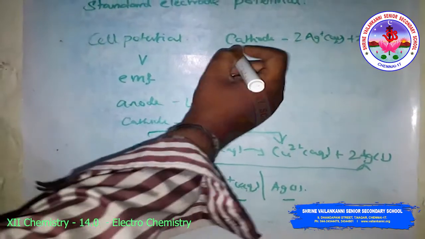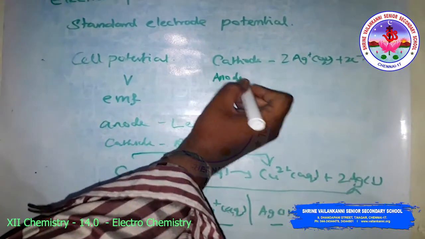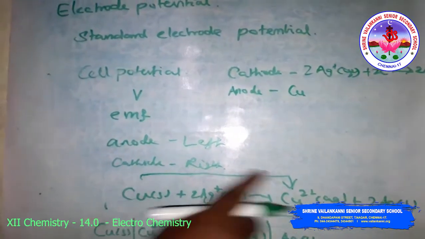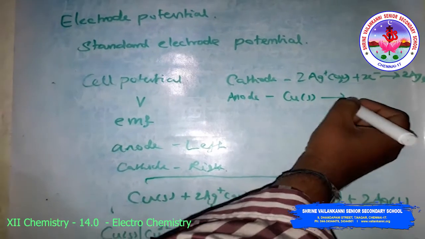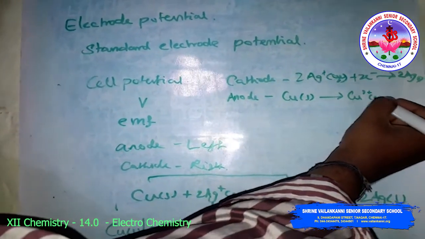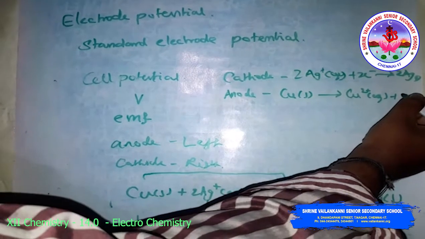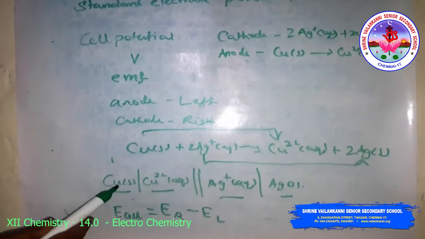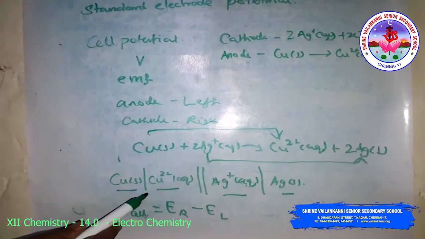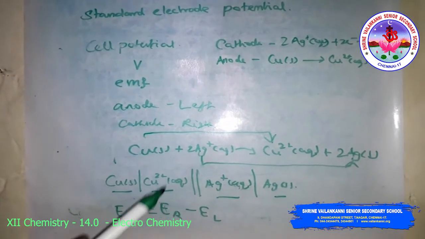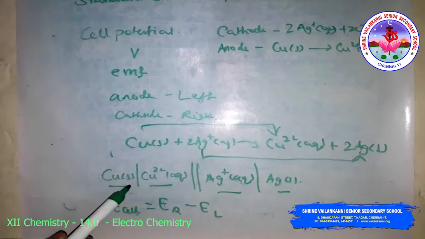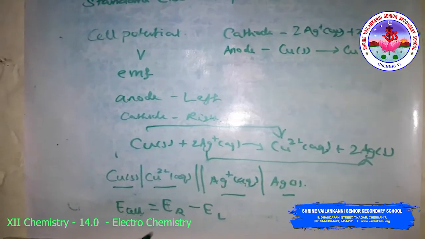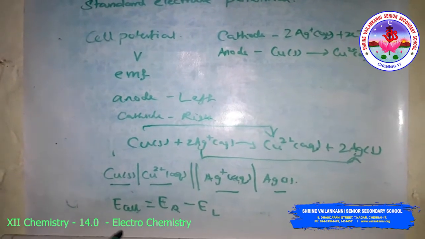This is the cathode. The anode is the remaining one, copper, which undergoes oxidation: Cu solid converts to Cu2 plus aqueous, and 2 electrons are lost. E right is for the cathode and E left is for the anode, so E right minus E left.